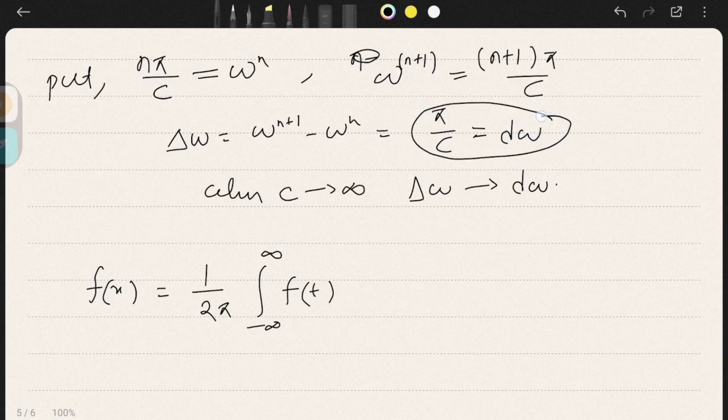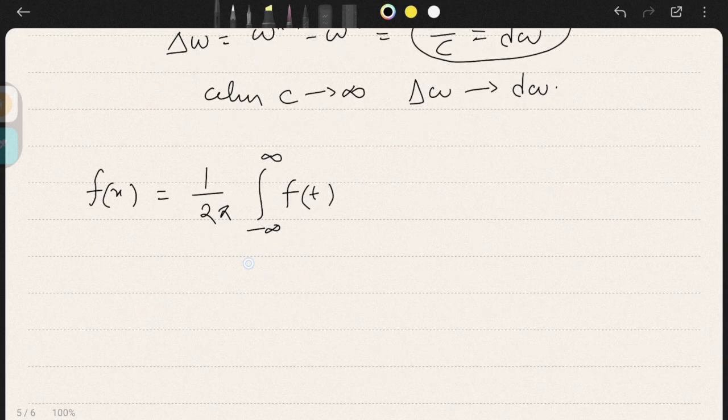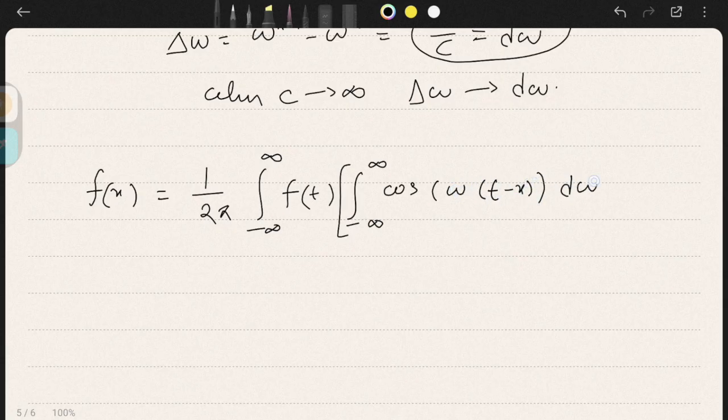Remember this. So again, from minus infinity to infinity of cos omega times t minus x, d omega, dt.